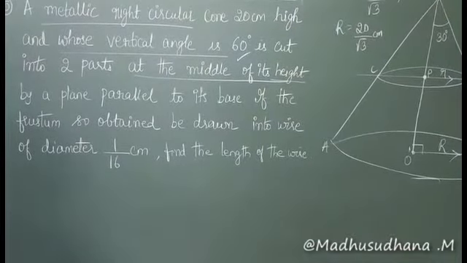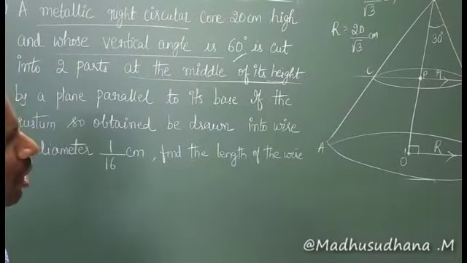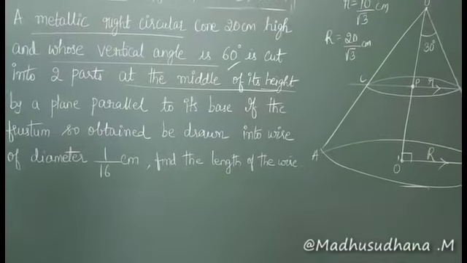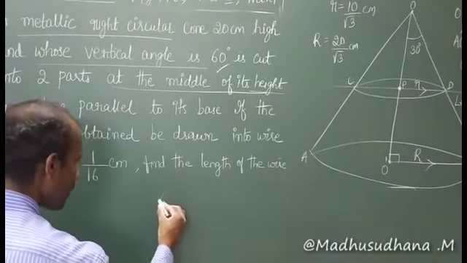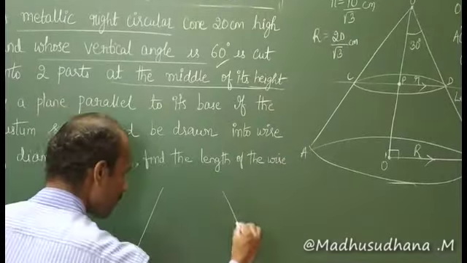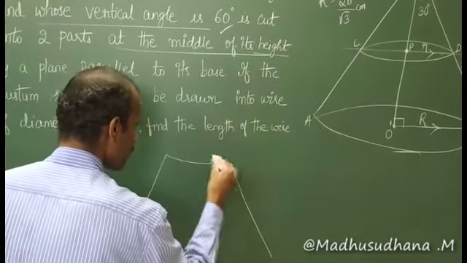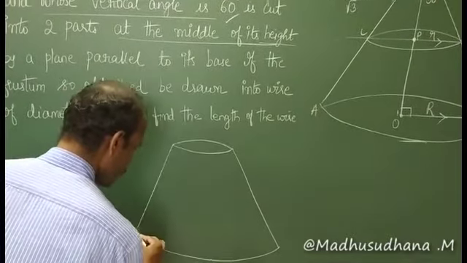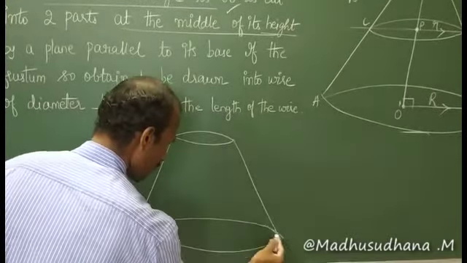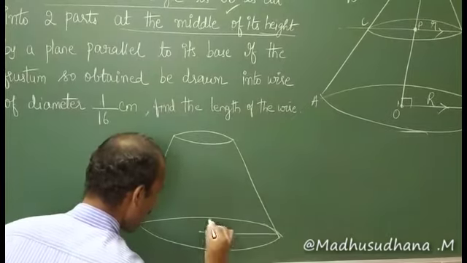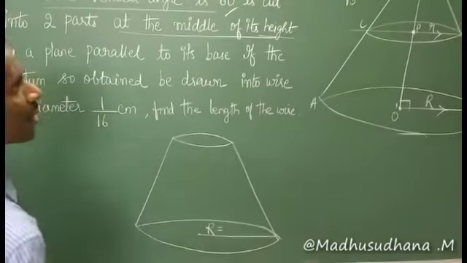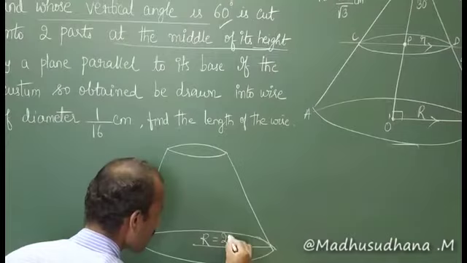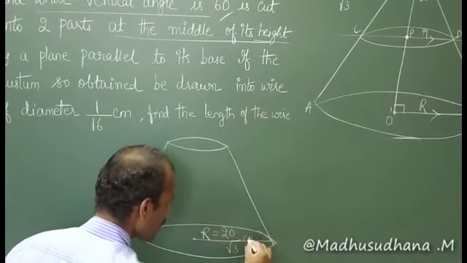So now with this data, we have all the values for the frustum of the cone. If this is the frustum, capital R is 20 by root 3 centimeters.